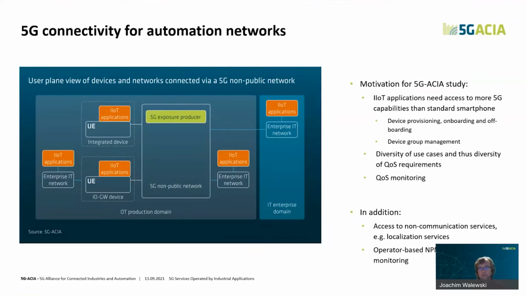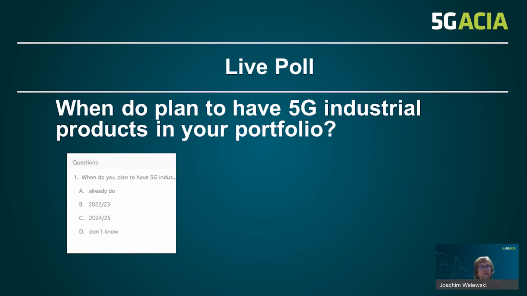So I've motivated why we are interested in this, and I wanted to hand over soon to Kurt, but before that there is another question we would like to ask. I've talked a lot about 5G devices in factories.